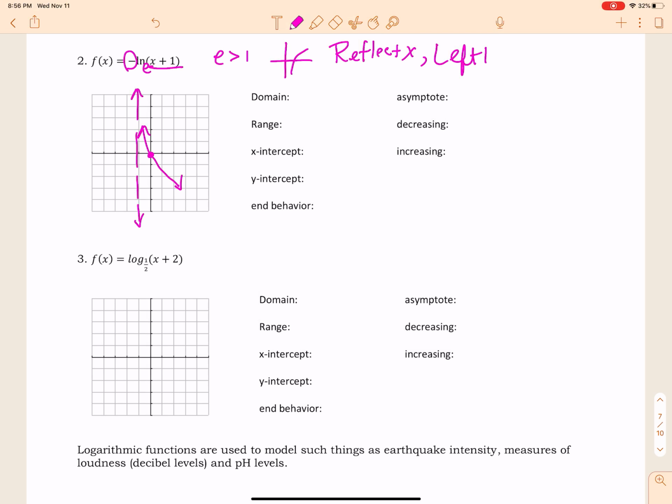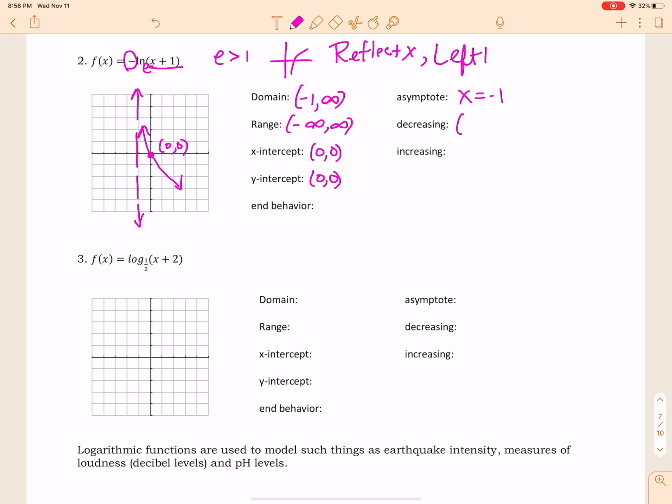Okay, so that means that my x-intercept and y-intercept are both easily identified this time. They are both at 0, 0. My domain is going to be from -1 to positive infinity. My asymptote is at x equals -1. The range is negative infinity to positive infinity.